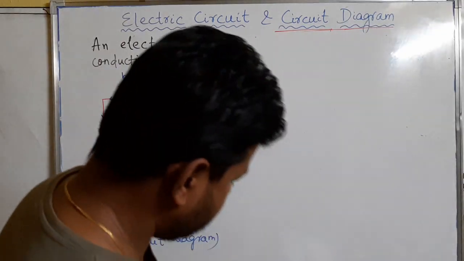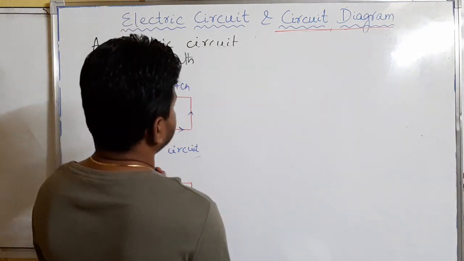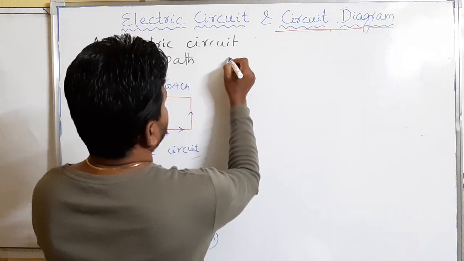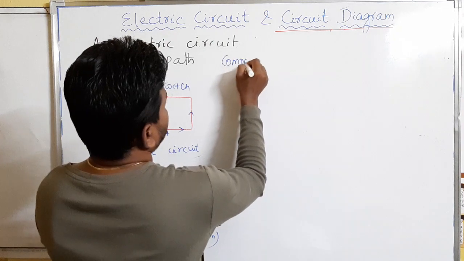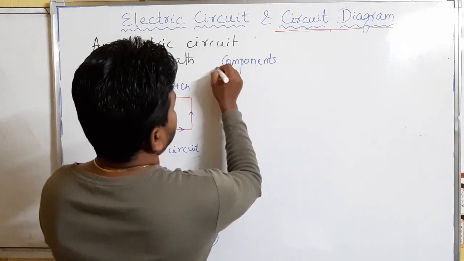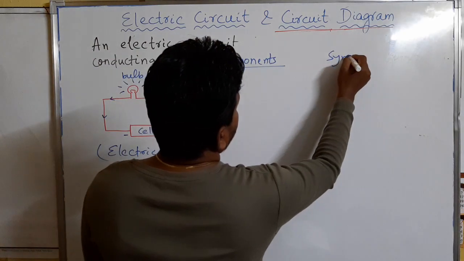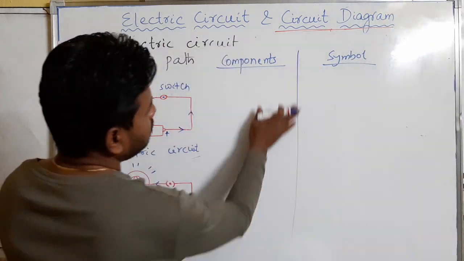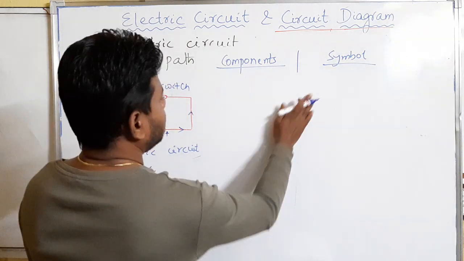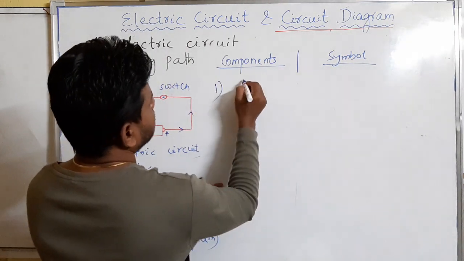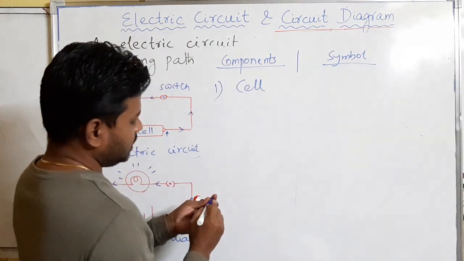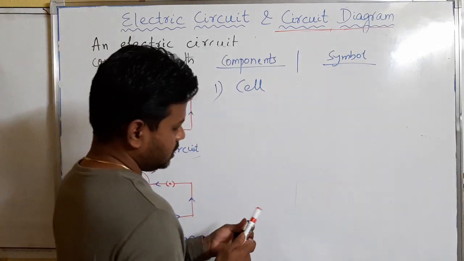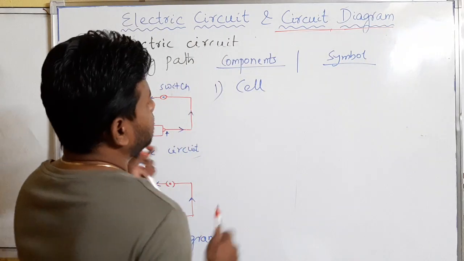We are making two. The first one is cell. Cell, as I have told, is represented like this.